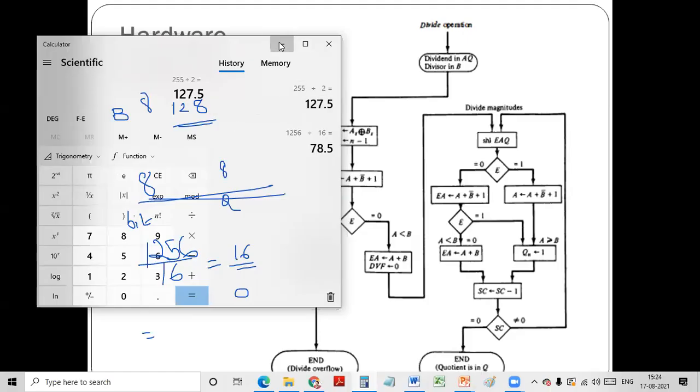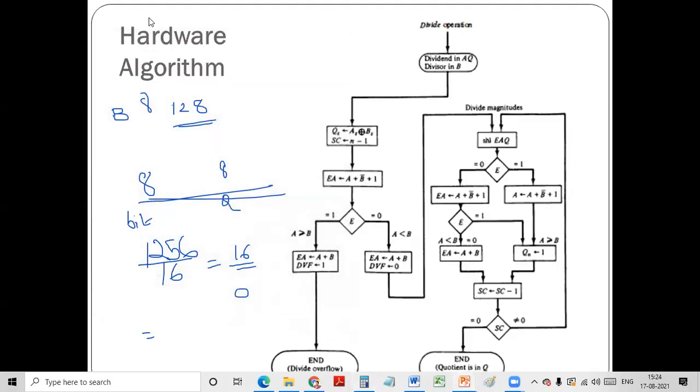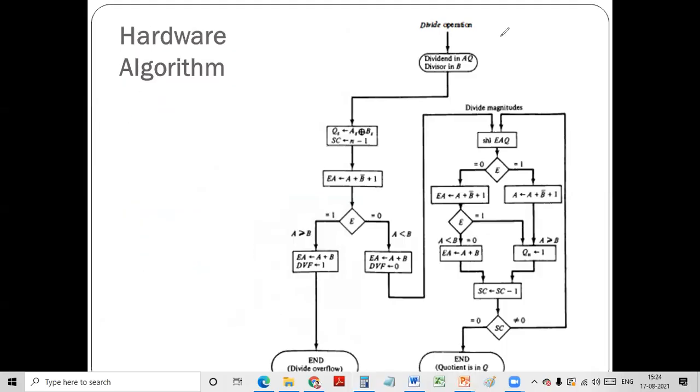See, this is the simple example I want to tell you. So let us take only 2 digits. 2 bits are there for my input, 2-bit registers. A simple case. I am performing division with 2, 256, which results in 128.